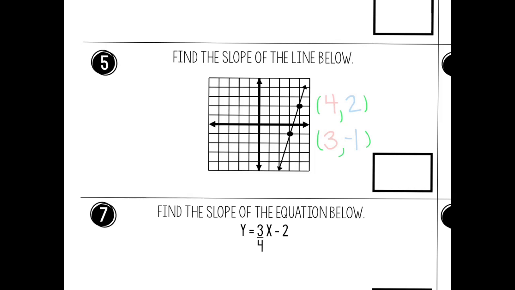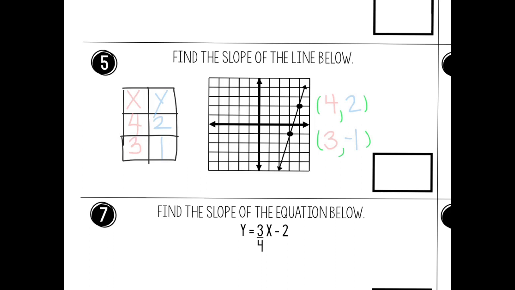So now that I've got those 2 points, I'm going to come over to the left-hand side of my graph, and I'm going to build my mini table. Got my x's on the left, my y's on the right. So that means I've got (4, 2) for my first point, and (3, -1) for my second point.